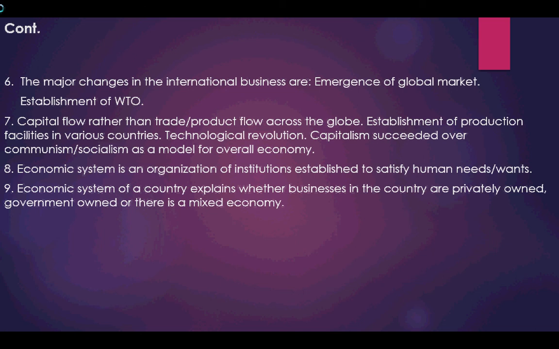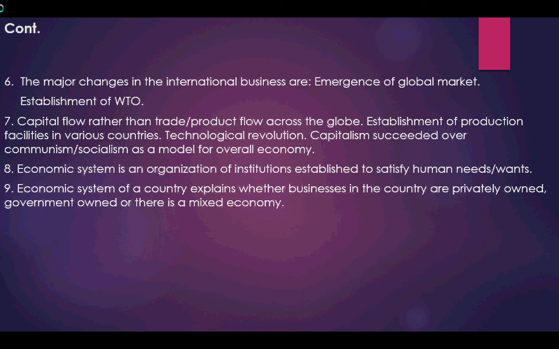Take the example of India, in which we have a mixed economy. We have adopted the mixed economic system, in which we have the advantages of both capitalism and socialism. Economic system is an organization of institutions established to satisfy the needs of the people across the globe.